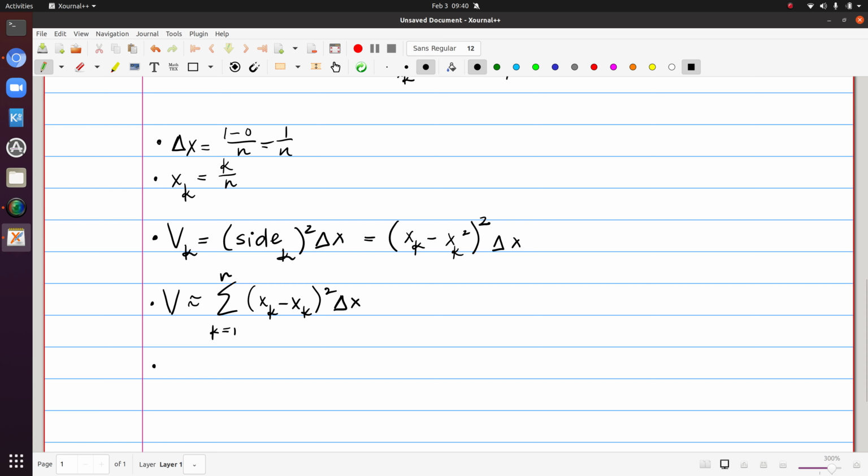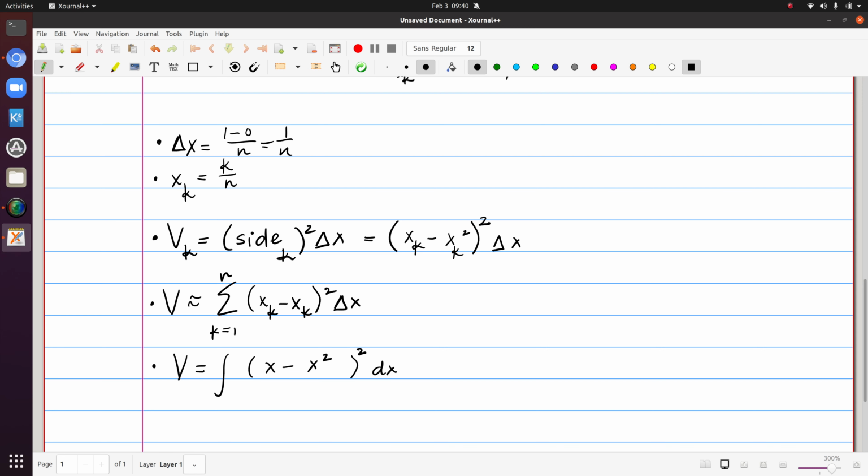What we get out of that is a definite integral, and this is against dx. My integrand is x minus x squared, quantity squared. Whoops, not a subscript. So again, the dependence on k goes away.